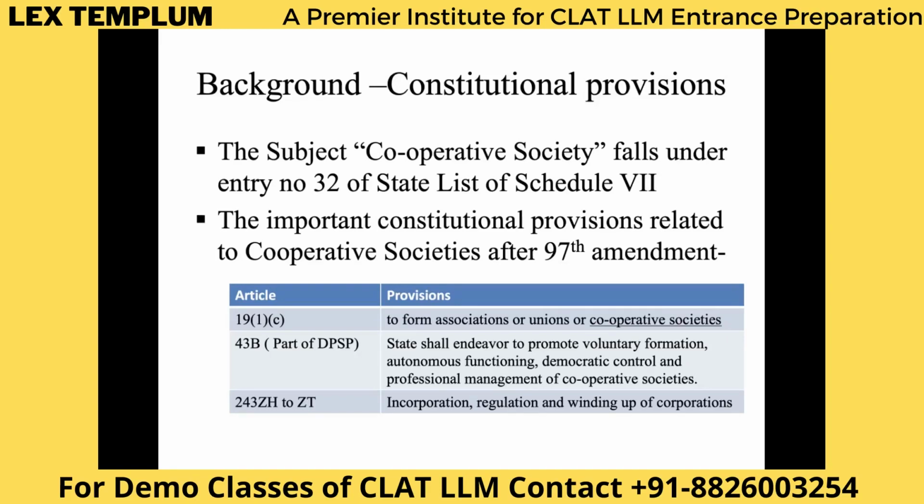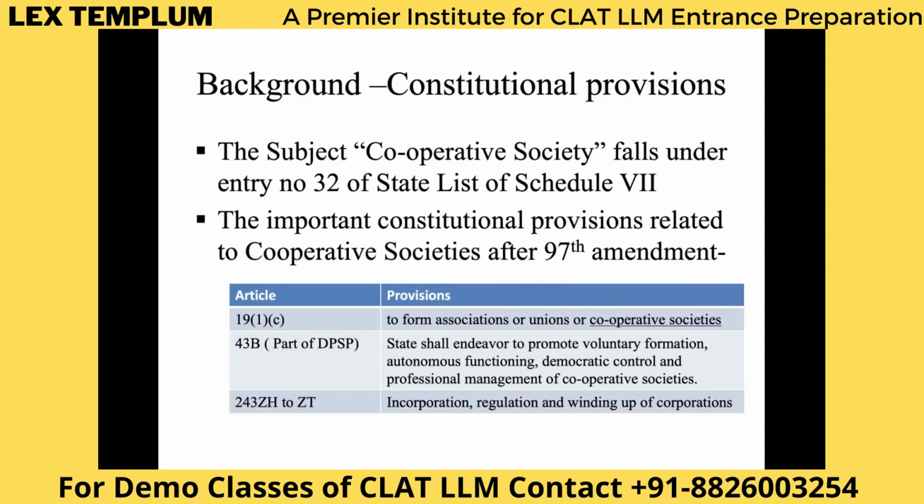So the 97th Amendment effected changes at three levels. First, amendment to Article 19(1)(c) to form associations or unions or cooperative societies. Second, amendment to the DPSP by adding Article 43B, that is, the state shall endeavor to promote voluntary formation, autonomous functioning, democratic control, and professional management of cooperative societies.